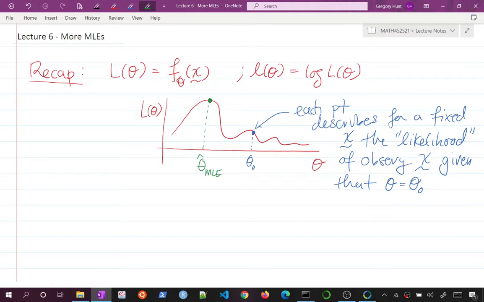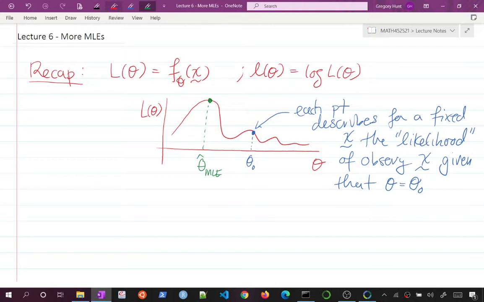And what I'm going to guess, and the fancy word for guess we use is estimate, I'm going to estimate that theta is going to be the value that is most likely to have occurred given that my data is what it is. Given my data, I'm going to estimate theta to be the value of theta that is most likely given that data.